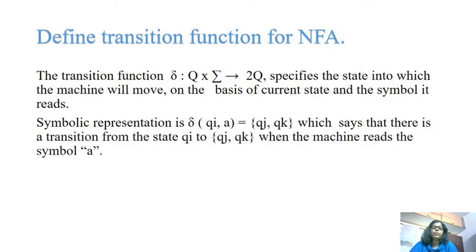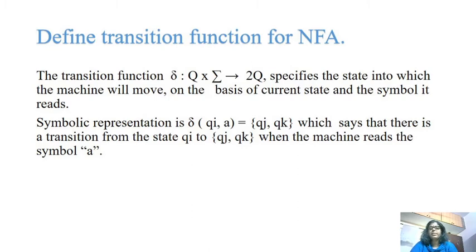Okay. Now the definition of the transition function for an NFA. The transition function delta is defined as Q cross sigma to 2 to the power Q, and it specifies the state into which the machine will move on the basis of the current state and the symbol it reads.